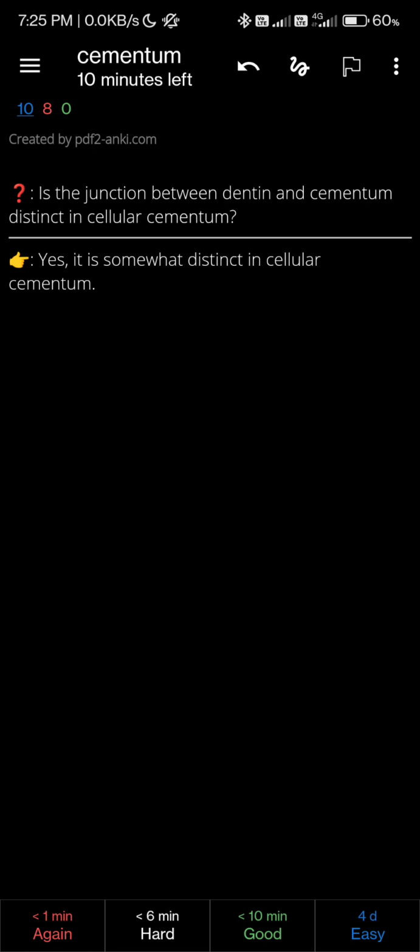It is a junction between dentine and cementum, somewhat distinct in cellular cementum.